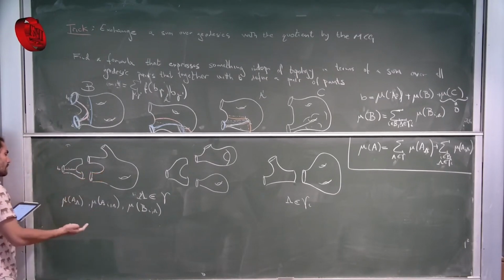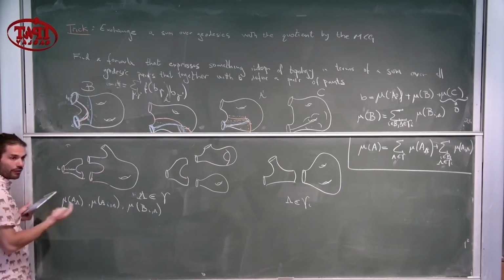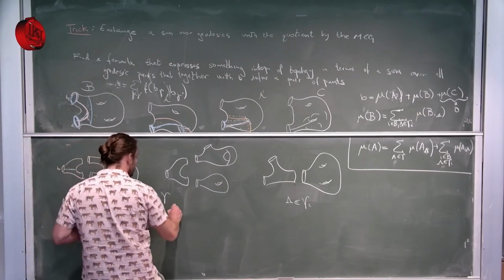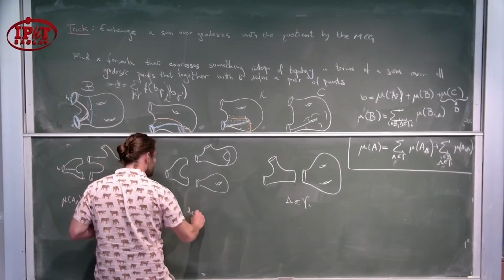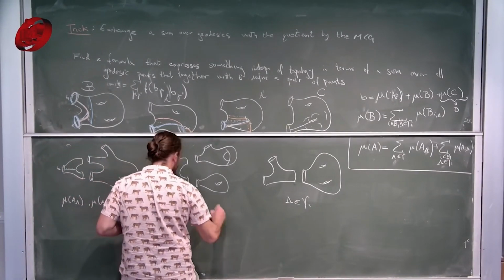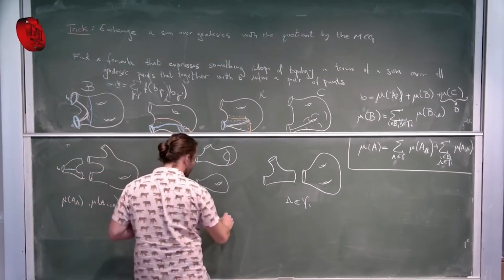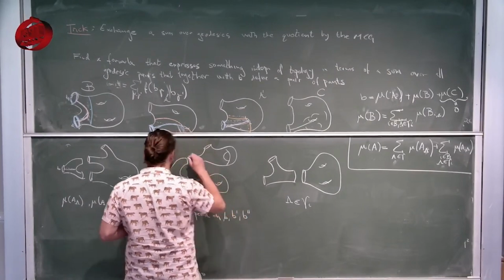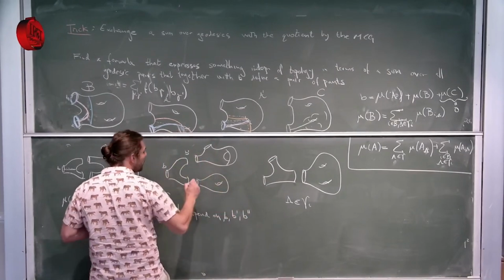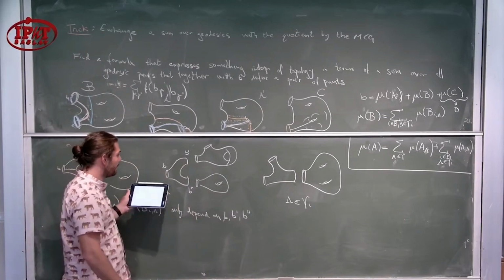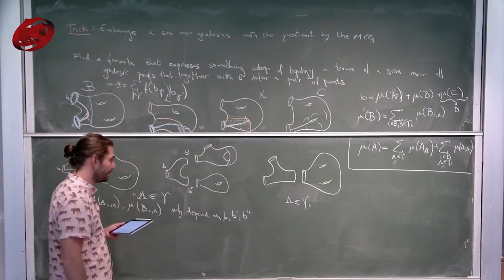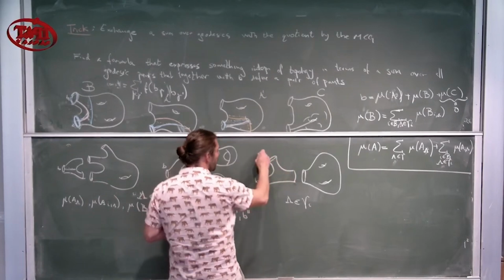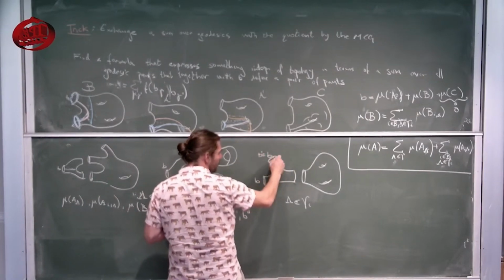So in other words, since a freehold sphere is only defined by three parameters, these three measures only depend on B, the external geodesic length, B prime, and B double prime, where B prime and B double prime are the other two geodesic lengths involved in this freehold sphere. In this particular case, either one of B prime or B double prime might be equal to one of the external geodesic lengths B I.